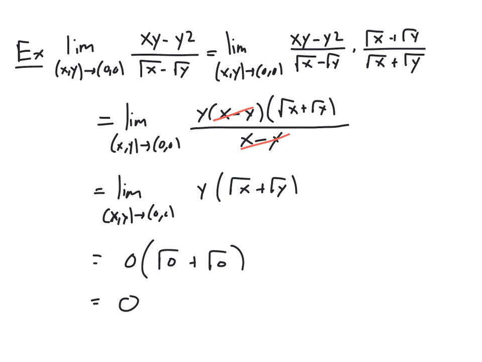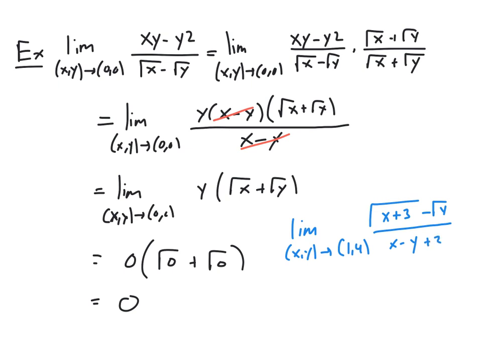So if you want to try to do a similar one like this one, then you can try this one. I'll write it in blue over here. So if we want the limit as xy goes to 1, 4 of the square root of x plus 3 minus the square root of y all over x minus y plus 3.